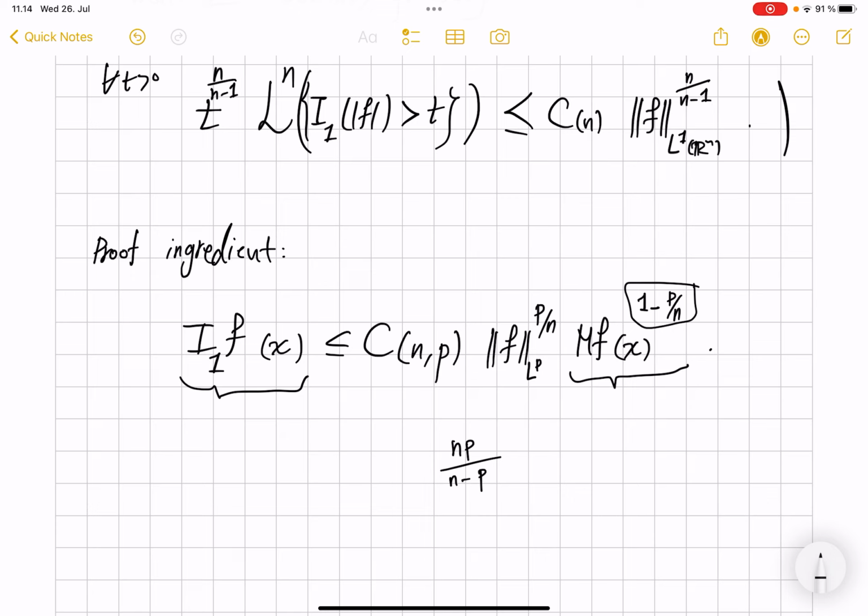Exactly. So if you know the LP boundedness of Mf, then you get a bound on the np over n minus p norm of the Riesz potential. Great.